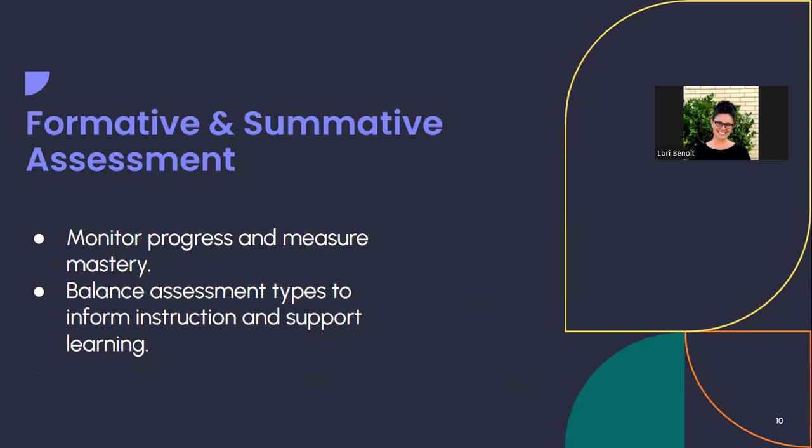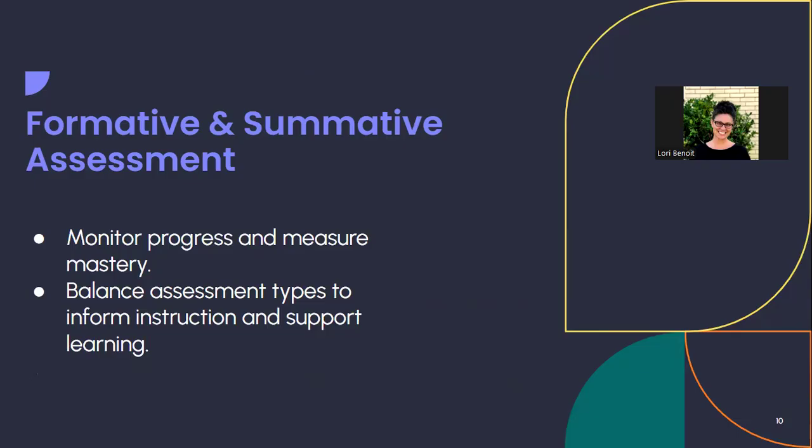And then the last critical component of lesson design is formative and summative assessment. Assessment isn't just about grading. It's about feedback, reflection, and adjusting instruction to meet students' needs.